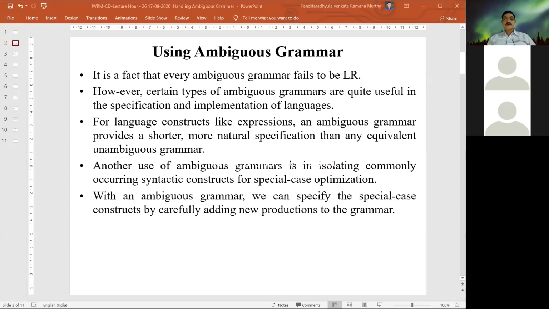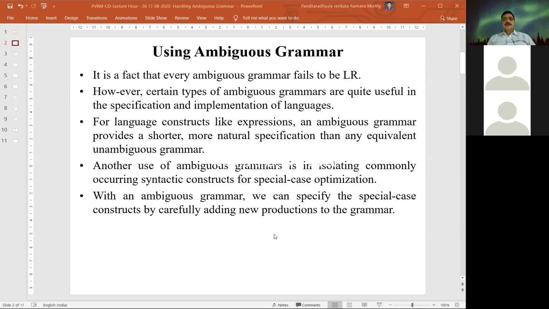It may isolate commonly occurring syntactic constructions like if-then-else and repetitions. Within an ambiguous grammar, we can specify the special case constructs by carefully adding new productions to the grammar.